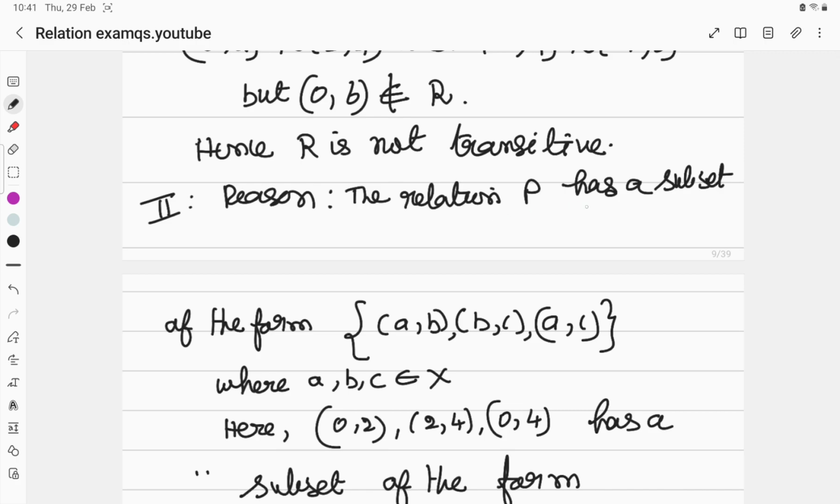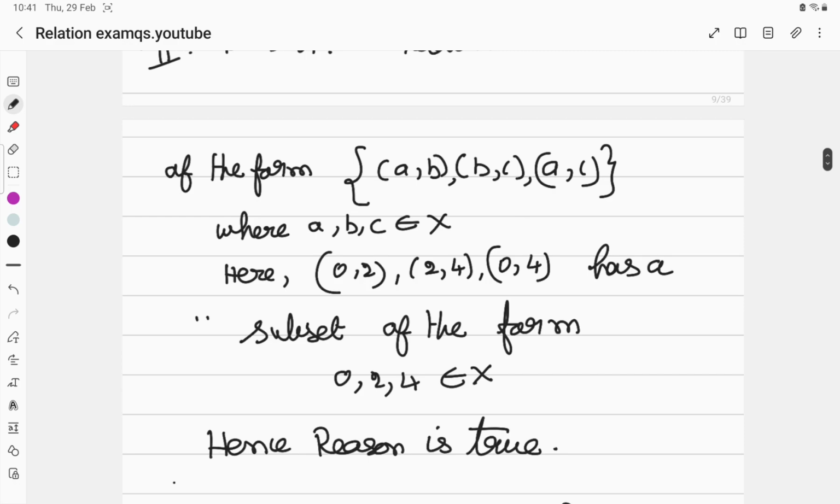Reason: the relation P has a subset of the form (a, b), (b, c) and (a, c), where a, b, c belong to X. Take the elements given in the set: (0, 2), (2, 4), (0, 4) is a subset of this form where 0, 2, 4 belong to X. Here (0, 2) is (a, b), here b is the starting part of the next one, this is (b, c), and here (a, c).